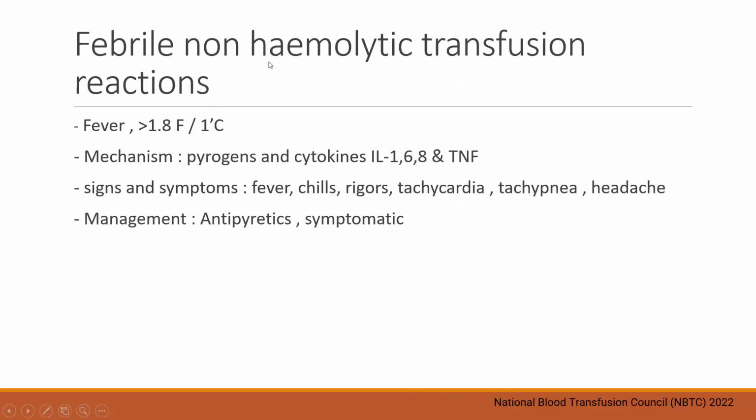Next one, febrile non-hemolytic transfusion reactions. It means a rise of temperature greater than 1.8 Fahrenheit or 1 degree Celsius from pre-transfusion values. The mechanism is that recipient antibodies react with the donor antigens.